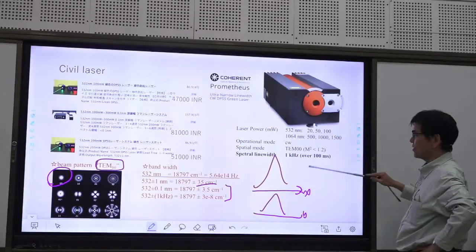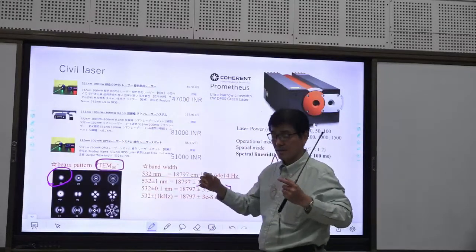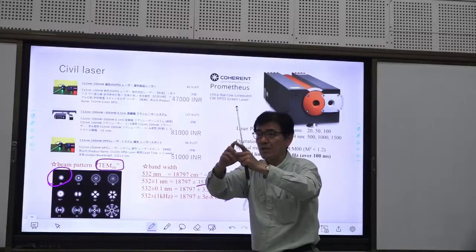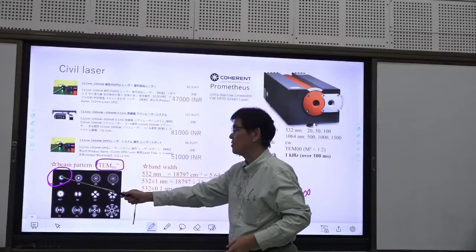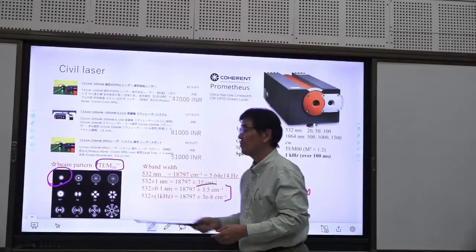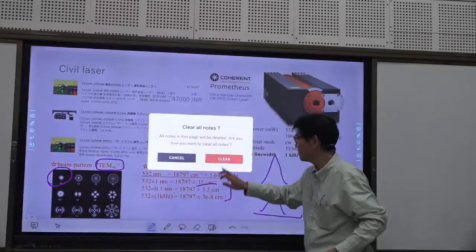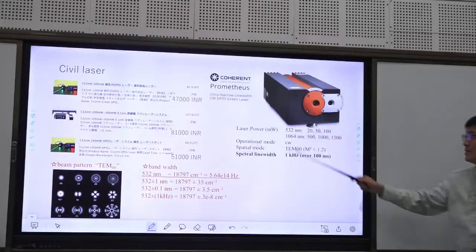So center is the strongest. That is, energy of the light can be accumulated at the center. This is a very good property for the Raman spectroscopy. So please check several parameters when you choose.